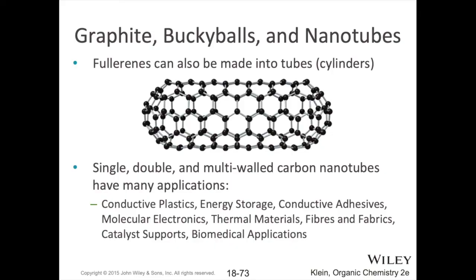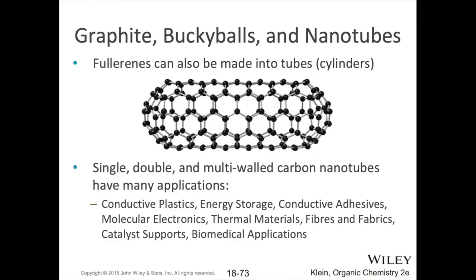All right. Now, with buckyballs, or Buckminster fullerenes that are spherical, you can also extend them into tubes. So these are called nanotubes due to their size, right? They're really small tubes.